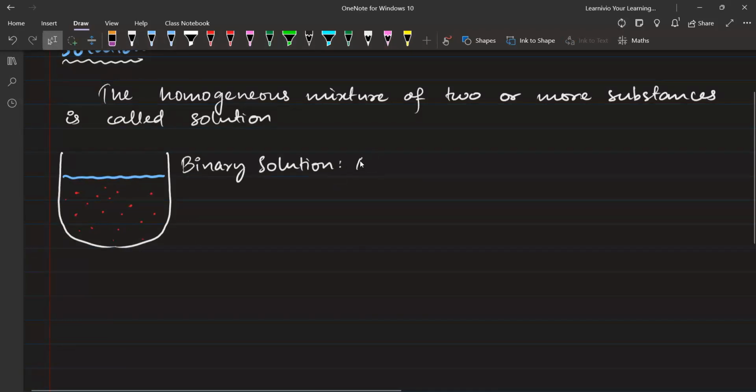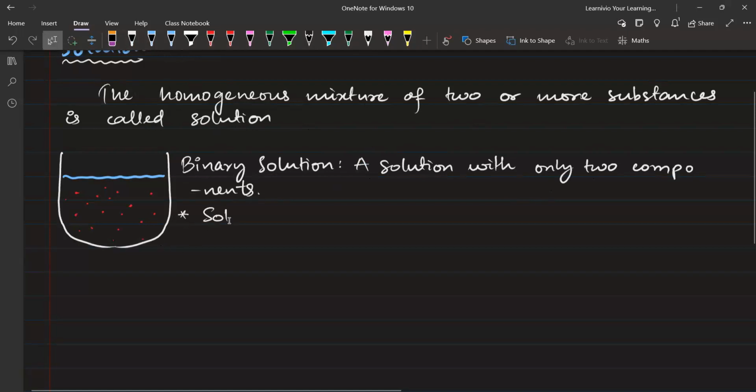Now, binary solution: a solution with two components, with only two components, not more. With only two components.